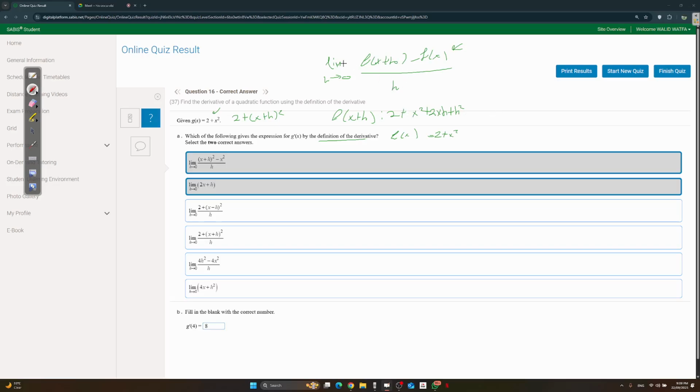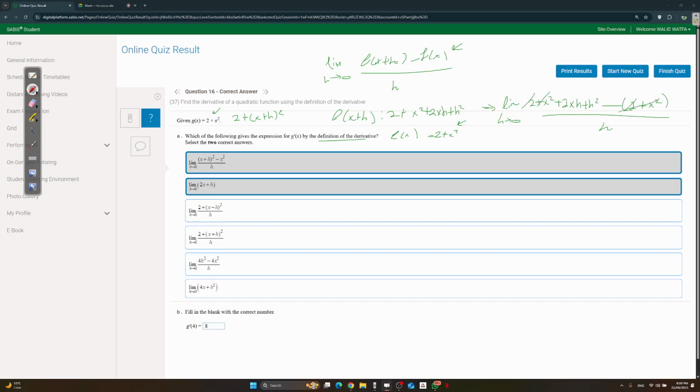So now I have f of x plus h and I have f of x. I can just substitute everything back in. So it's going to be limit as h approaches 0, f of x plus h, so 2 plus x squared plus 2xh plus h squared, minus f of x, which is 2 plus x squared, all over h. Cancel, cancel, cancel.